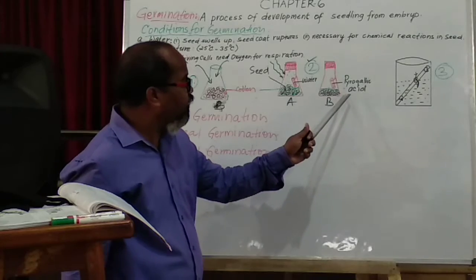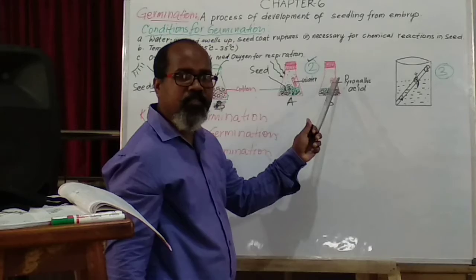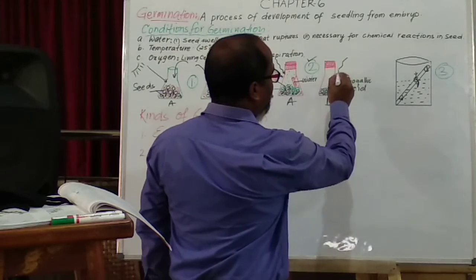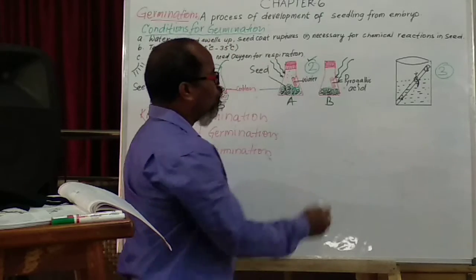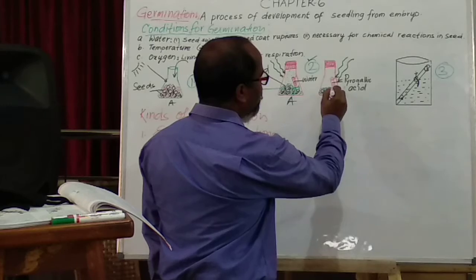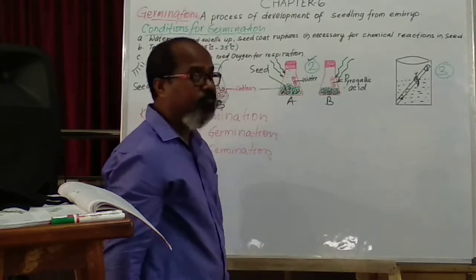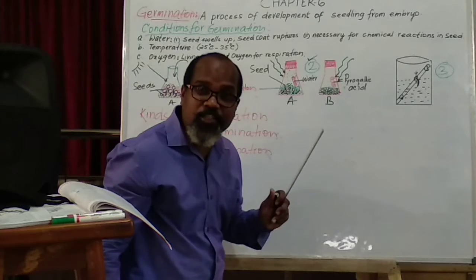Let's see the second flask, flask B. Here pyrogallic acid is there. Temperature supply is there from the outside. Water is there in the cotton. But oxygen is not there. Why?